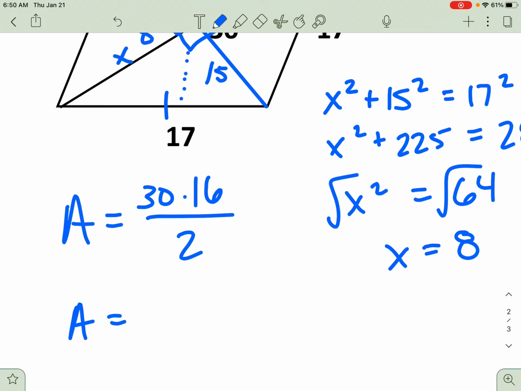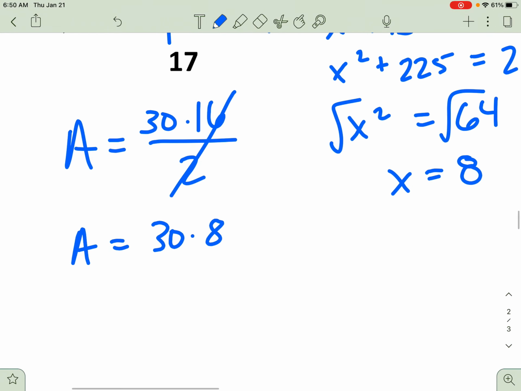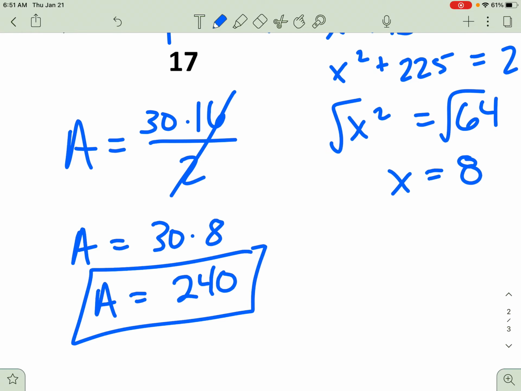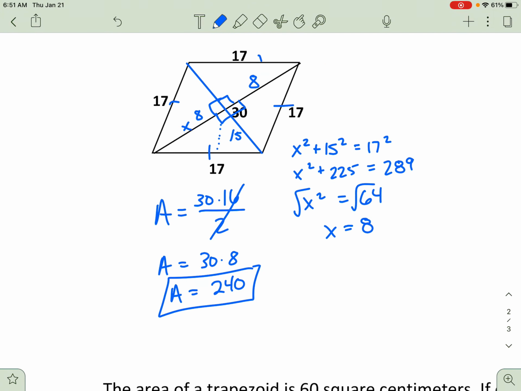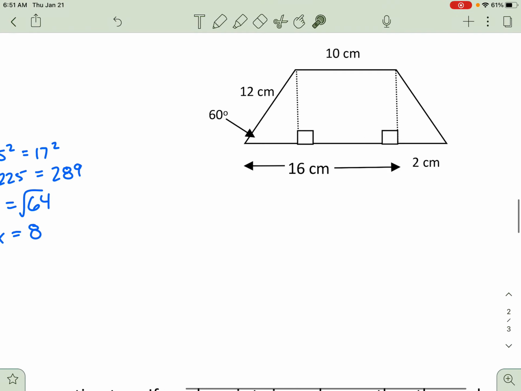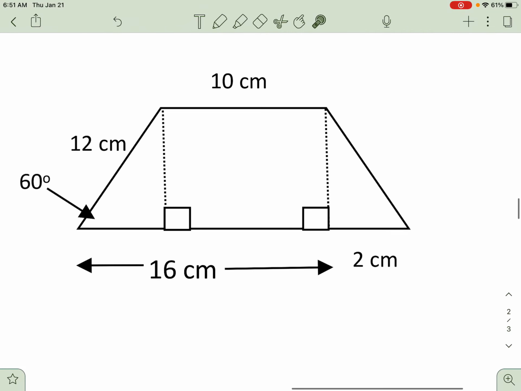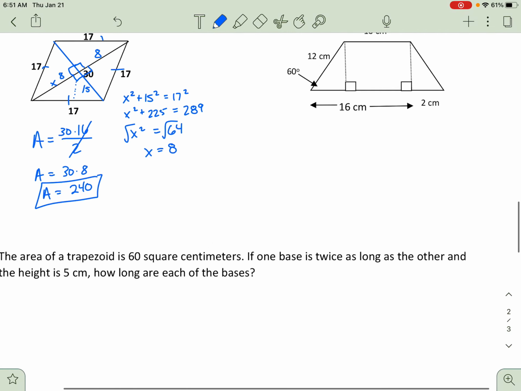All right, so 30 times 16, divided by 2, is 240. Okay. So again, Pythagorean triples, very prevalent here. Pythagorean theorem, very nice to use in these examples.